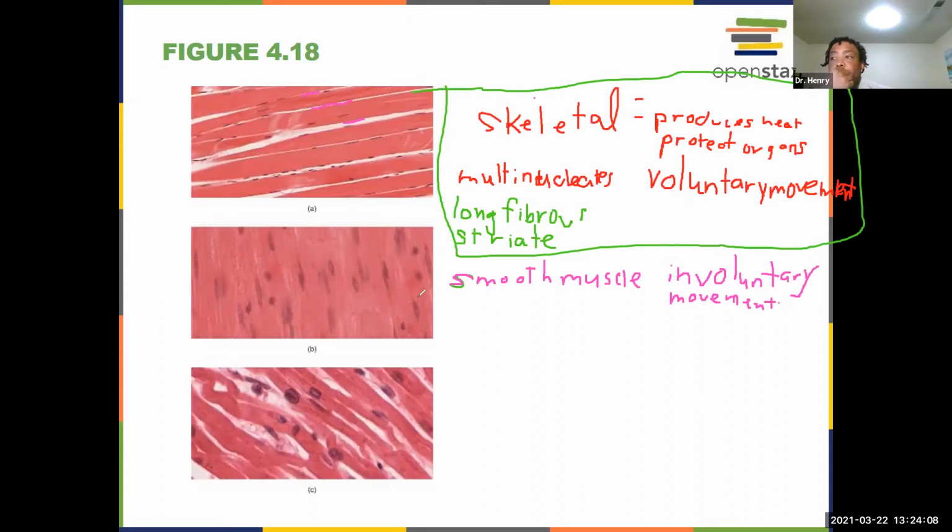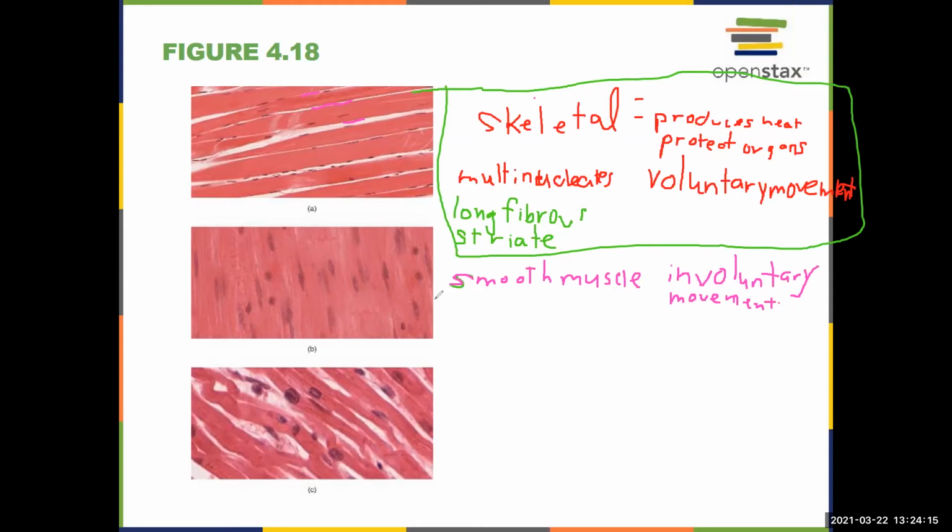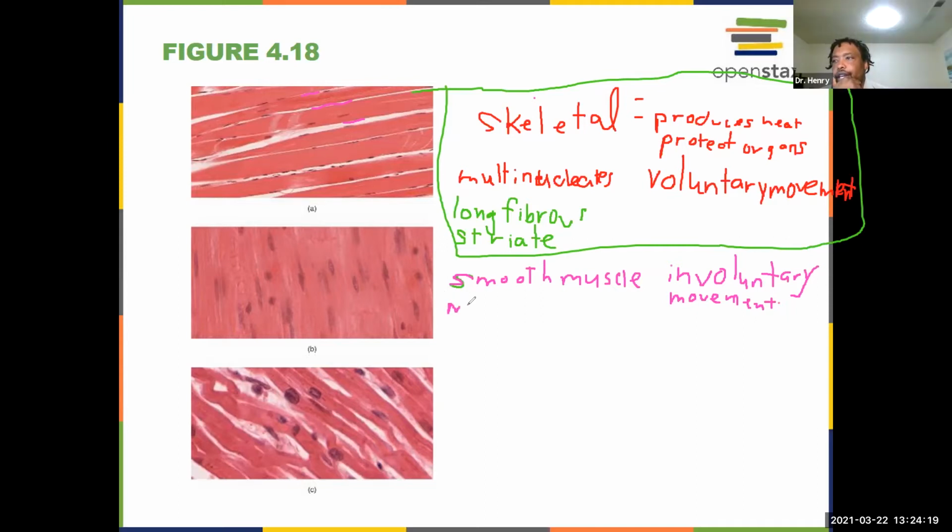So in the case of smooth muscle, what are some of the features that we see? You don't have the striations. Okay, so it's not striated, or no striation. And is it multinucleated or not?